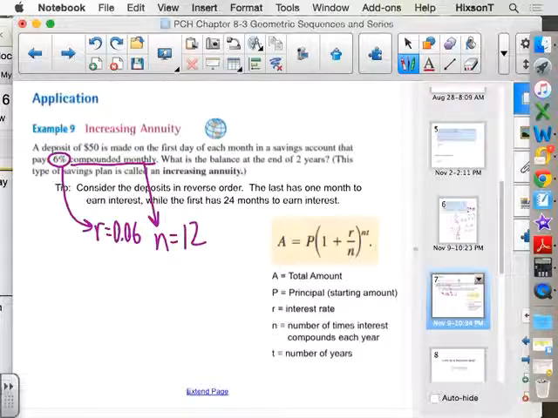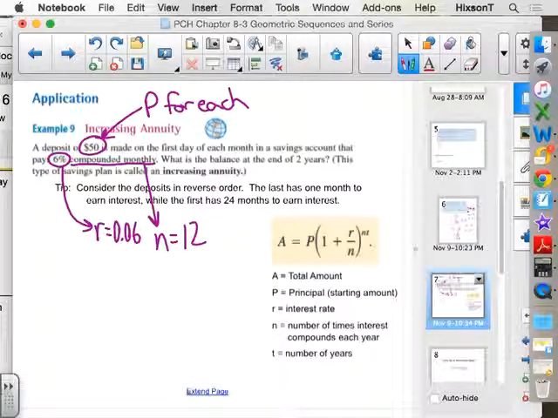Now, here's the deal. Because our total principal is changing every month, we're going to have to consider this on a month-by-month basis. Each month, you are depositing $50. So we're going to consider that $50 as the principal for each month.